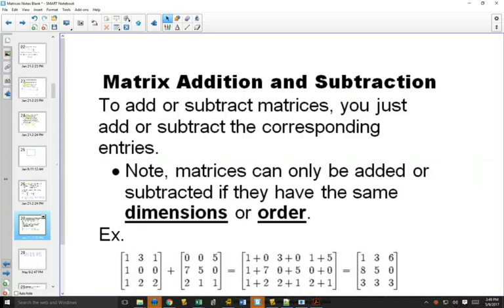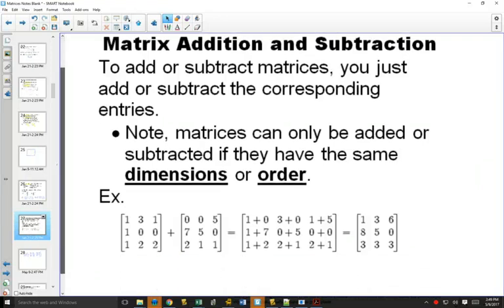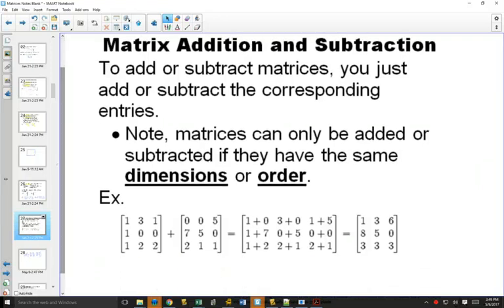But we can only add or subtract matrices if they have the same dimensions or the same order to begin with. So here I have a 3 by 3, adding another 3 by 3, that's allowed. Because it's the same size, you can add it up, no problem.